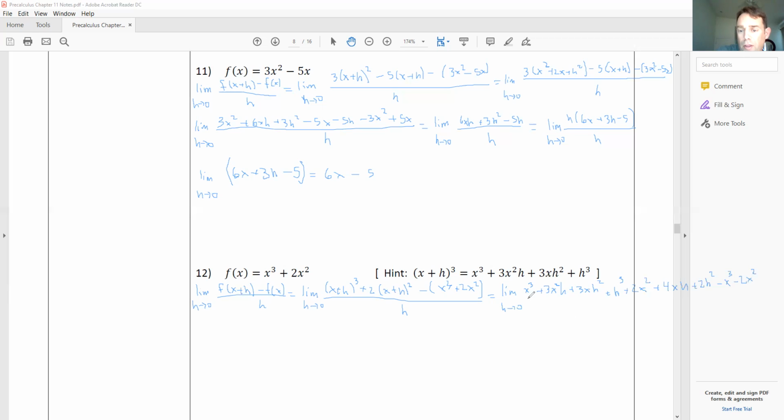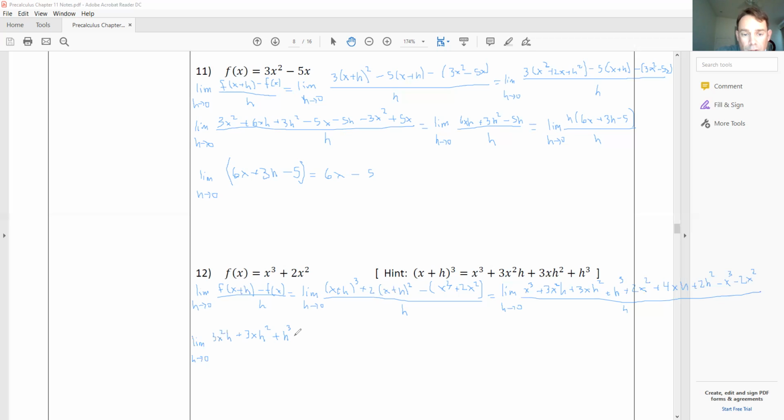And again, if we do this right, anything that doesn't have an h will cancel out. So let's see here. The x cubes cancel out. I'm left with 3x squared h plus 3xh squared plus h cubed. And the 2x squareds cancel out.